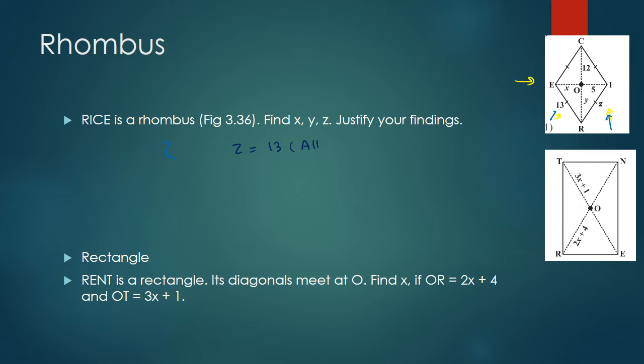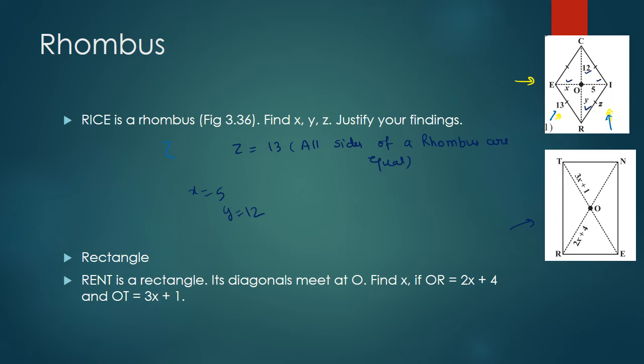Why? All sides of a rhombus are equal. It is equilateral. Now we know that diagonals bisect each other. So x is equal to 5 and y will be equal to 12.